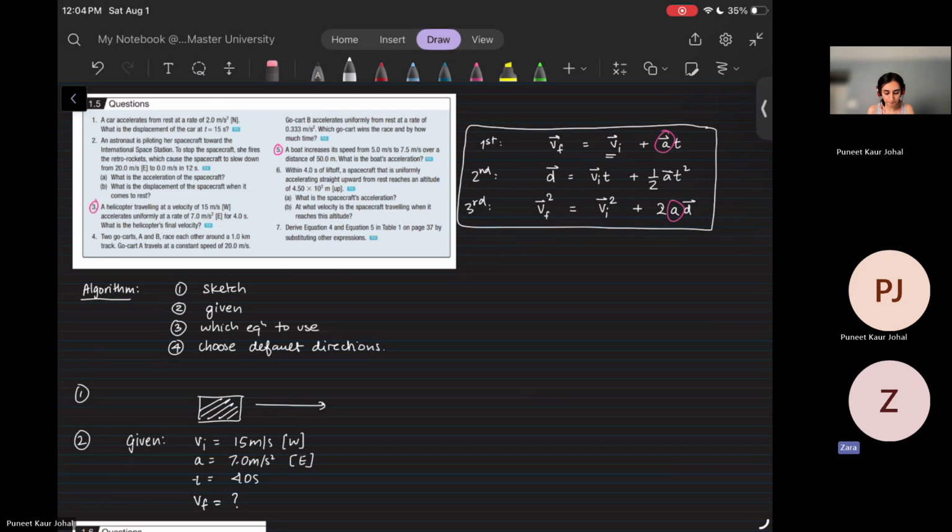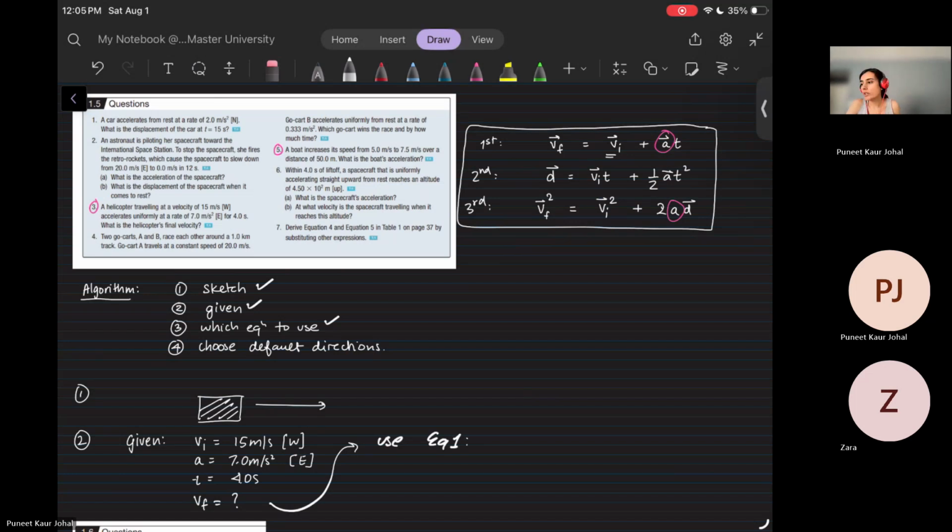The first one. Excellent. So we sketched it, we stated the given, and we know which equation to use. We're going to use equation 1.